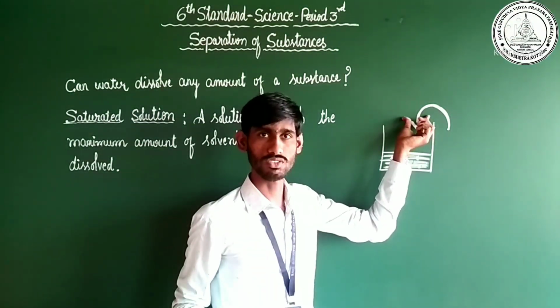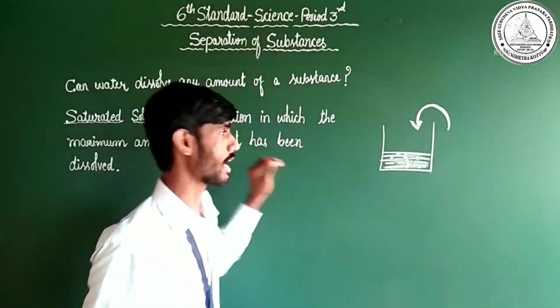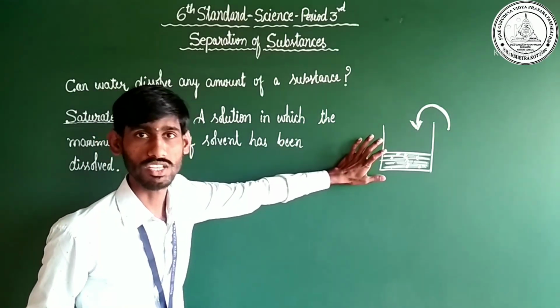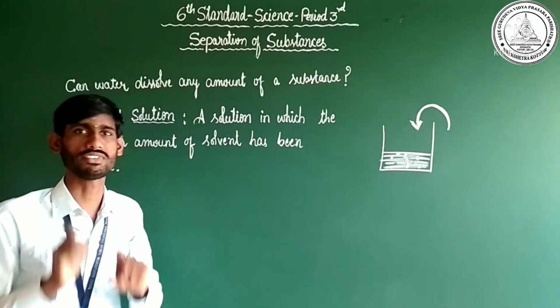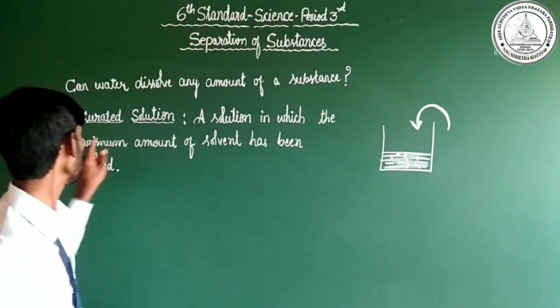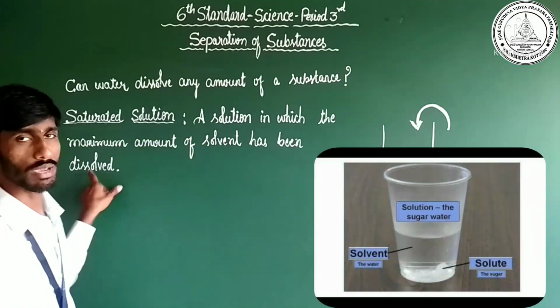Finally the substance is no longer soluble in the water. This state we call saturated, and the solution is called a saturated solution. Children, what is the definition of a saturated solution? A solution in which the maximum amount of solute has been dissolved.